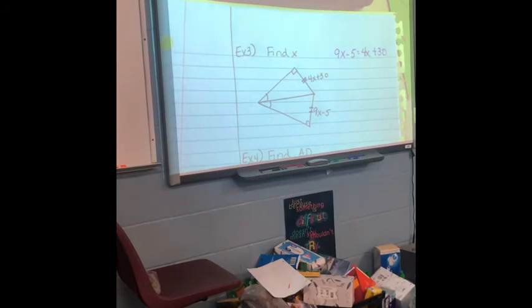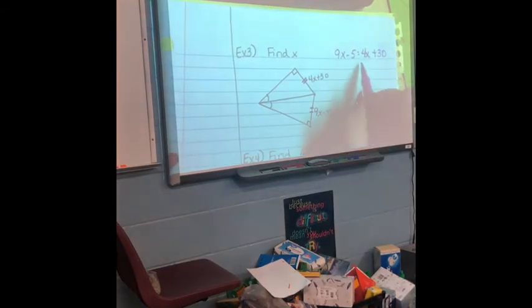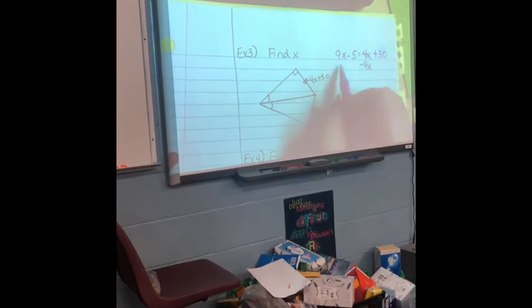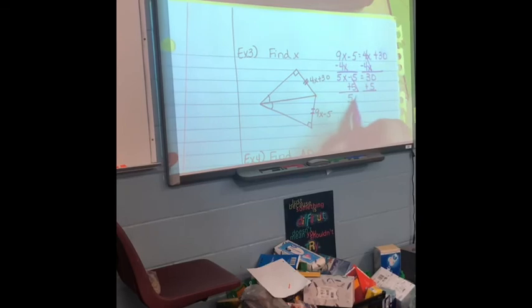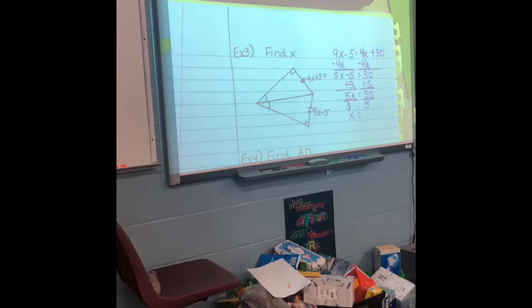So if I know they're equal, I can set them equal to each other, and I can solve for X. And I get X equal to 7.